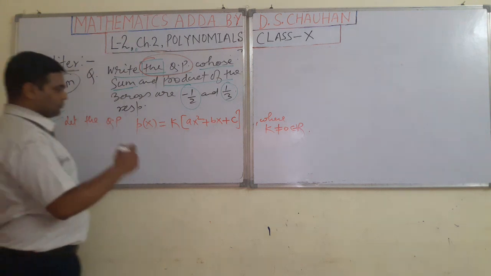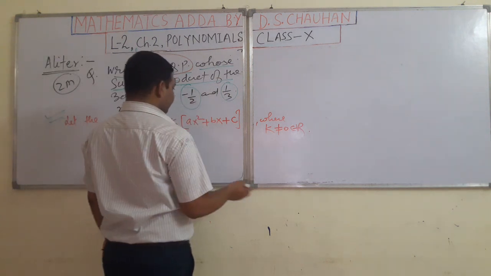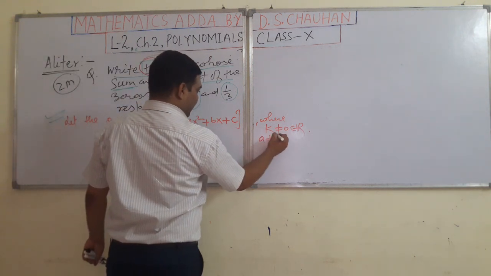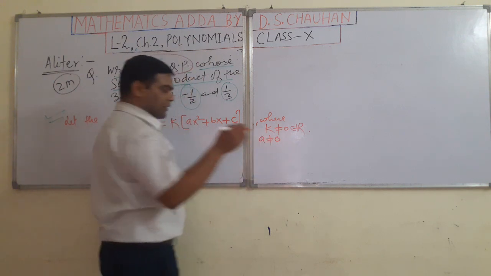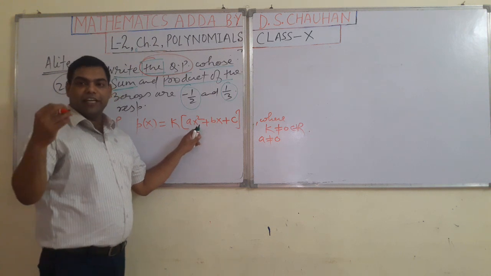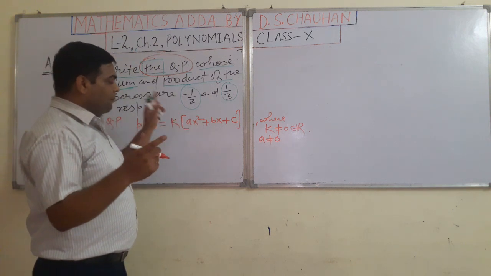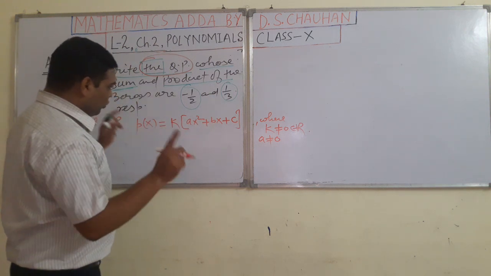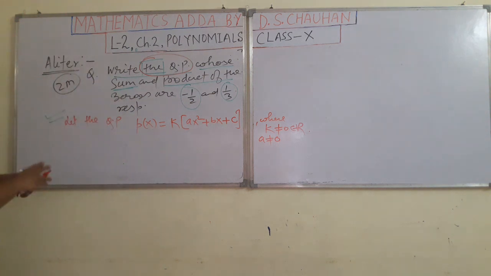And one thing here, a is not equal to 0 also, because if a is 0, this term will disappear, so degree 2 will disappear, and being a quadratic polynomial, degree 2 is compulsory. Okay, see how to do. I am telling you. Try to understand easily.